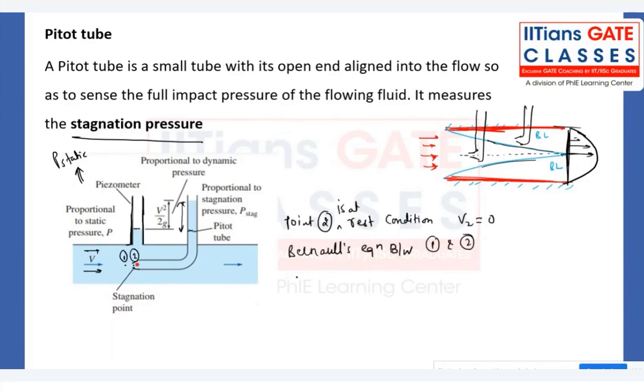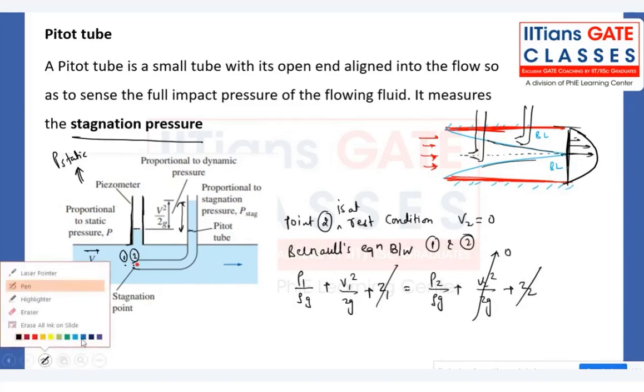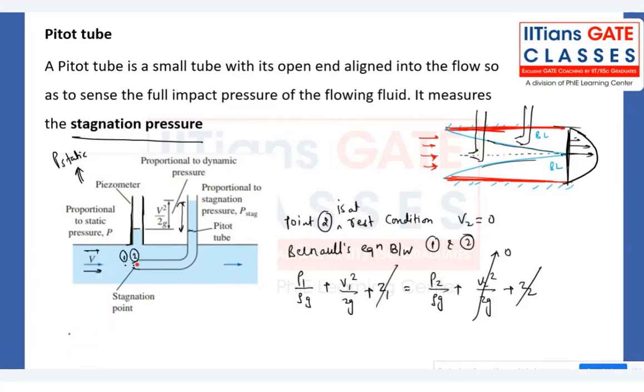So what is that? P1 by rho g plus V1 square by 2g plus Z1 equals P2 by rho g plus Z2. V2 is 0. Z1 and Z2 cancel out, as both points are on the same horizontal line, right? What about P1? What is the value of P1?